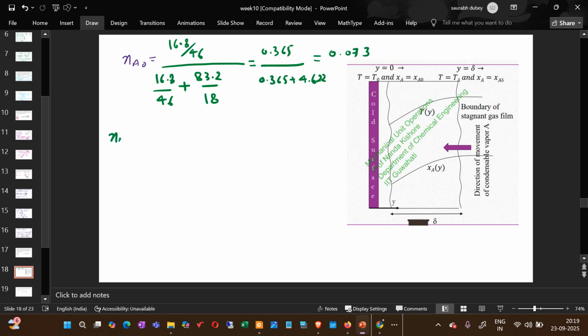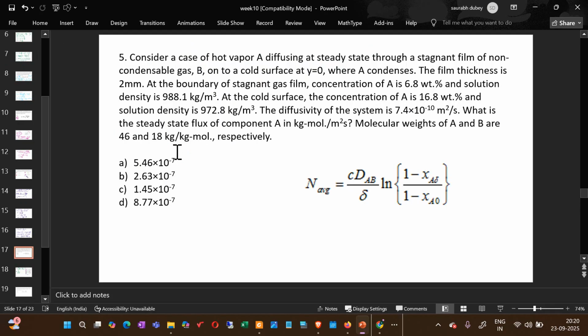Similarly, x A delta we want to calculate. That is 6.8 divided by 46, whole divided by 6.8 divided by 46 plus 93.2 divided by 18, right?